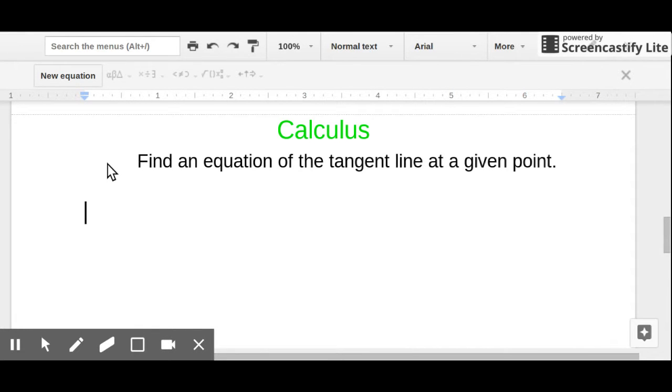We're finding the equation of the tangent line at a given point. We'll call this function, let's give it a name. I always want to call them something different.